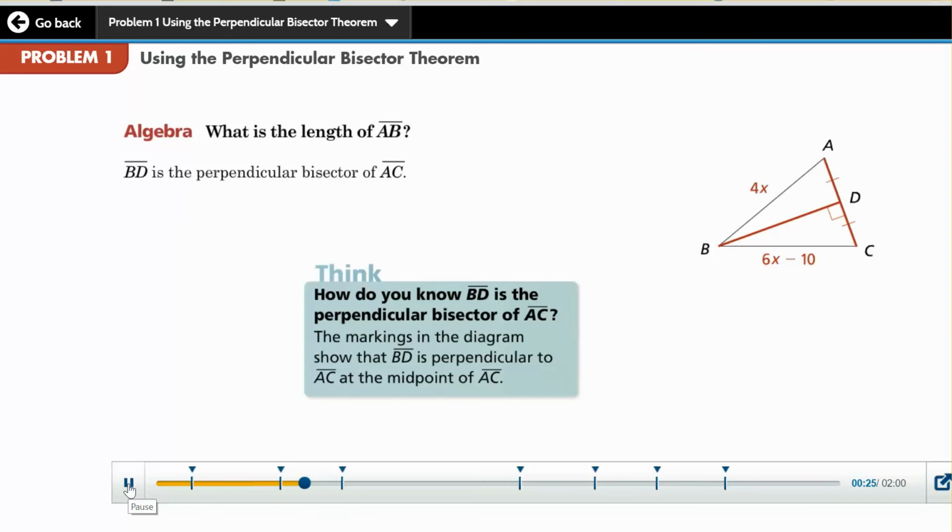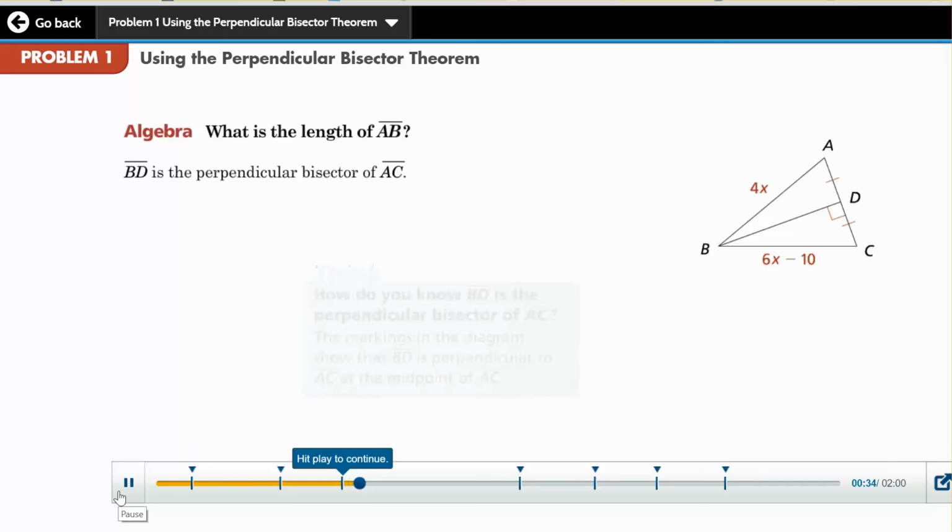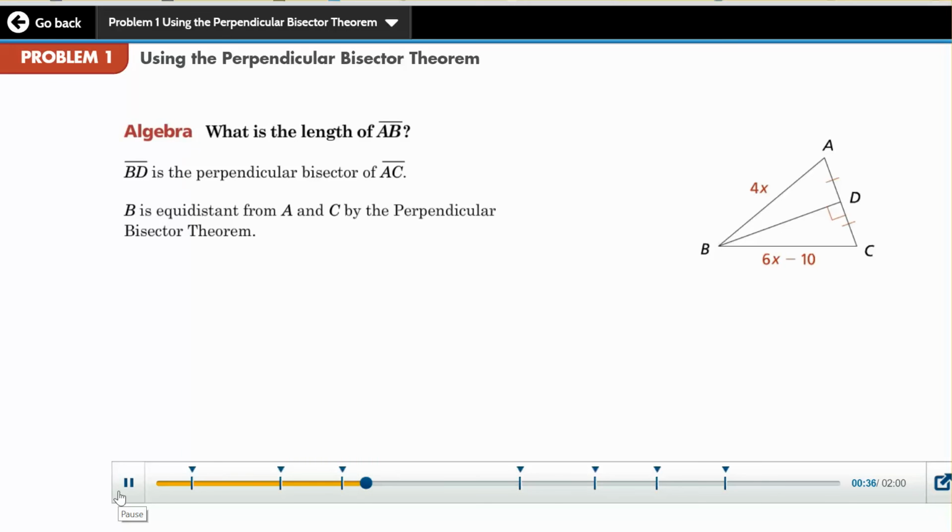The markings in the diagram show that segment BD is perpendicular to segment AC at the midpoint of segment AC. Point B is equidistant from point A and point C by the perpendicular bisector theorem.